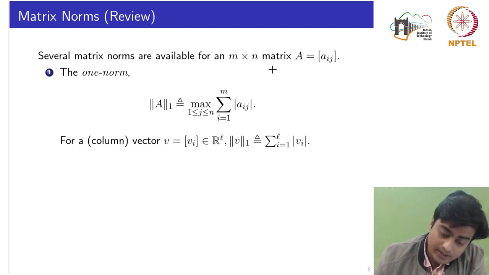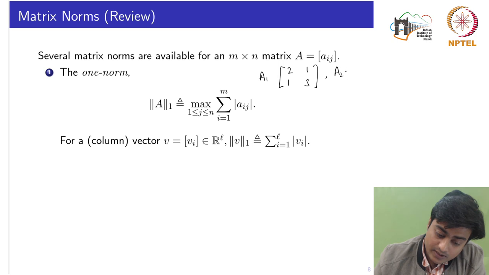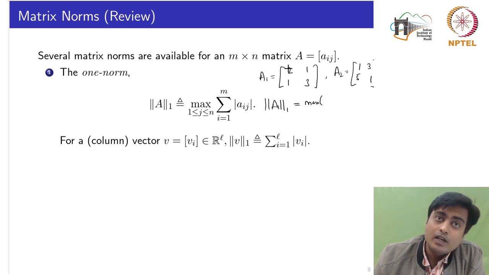Say for example, let's say I have two matrices, 2 1 1 3, let's call it A1, and another matrix with entries 5 3 and 1 1, A2. If I want to compute the one norm of this matrix A1, it would be given by the maximum of the sums of all the elements along the columns.